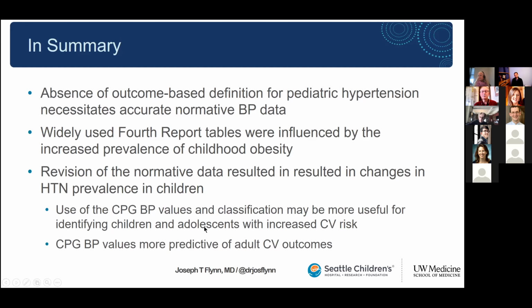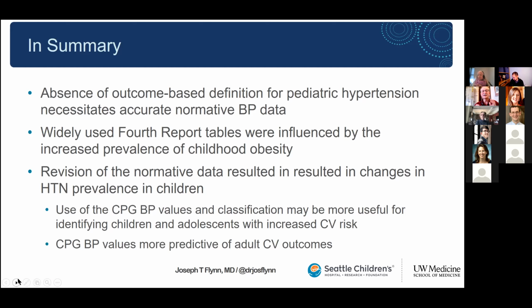And so by revising the normative data, we haven't really changed the prevalence, we've changed the identification of at-risk youth, right? And so we think that these blood pressure values and the new classification may be more useful in figuring out which children are at increased cardiovascular risk. We are hopeful that they'll be more predictive of adult cardiovascular outcomes.